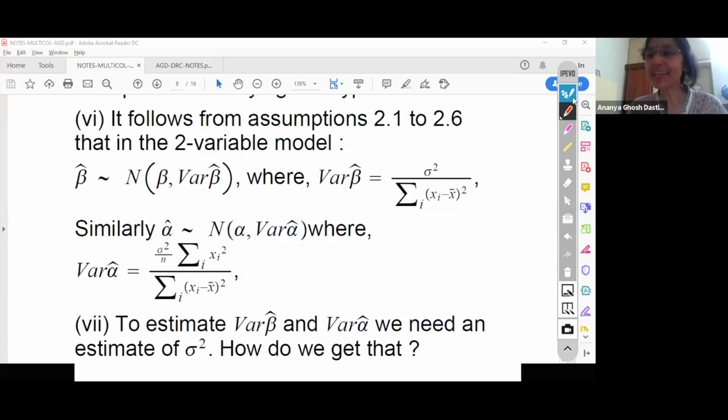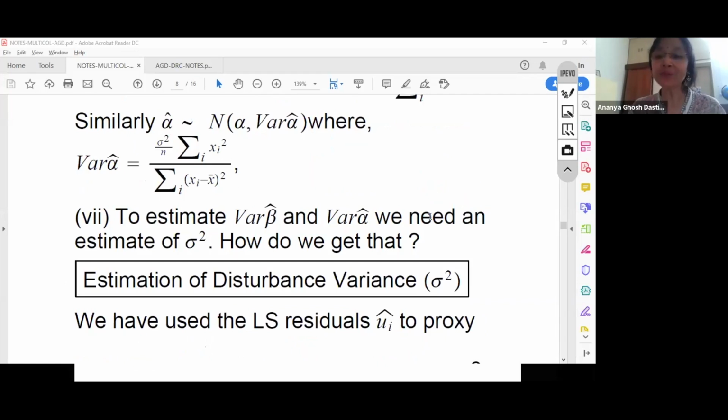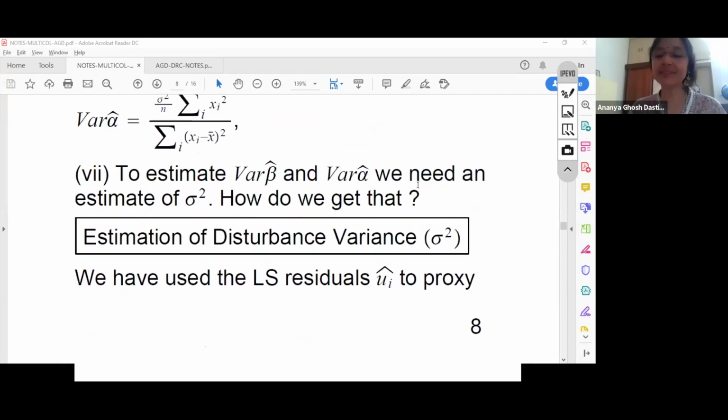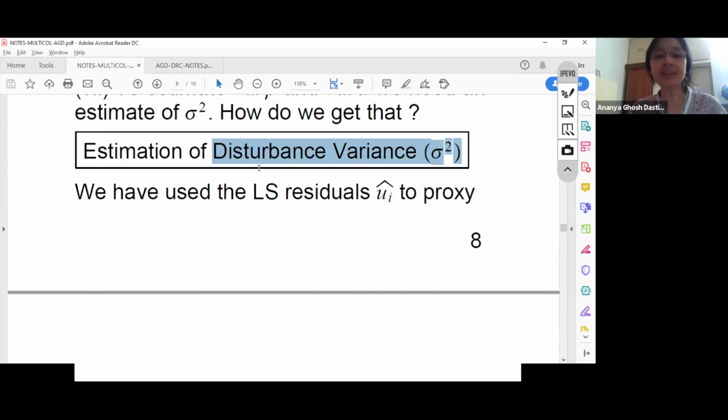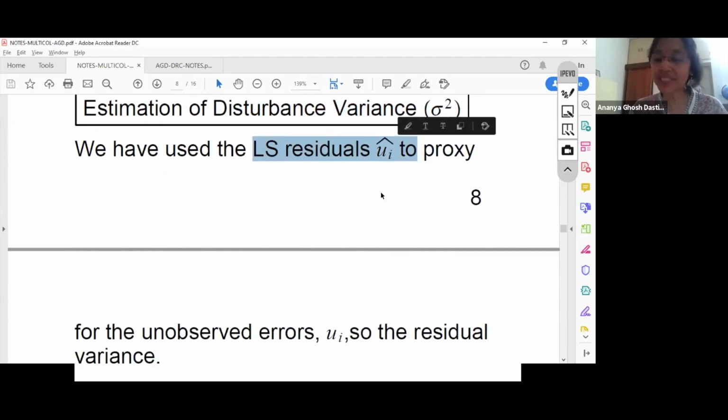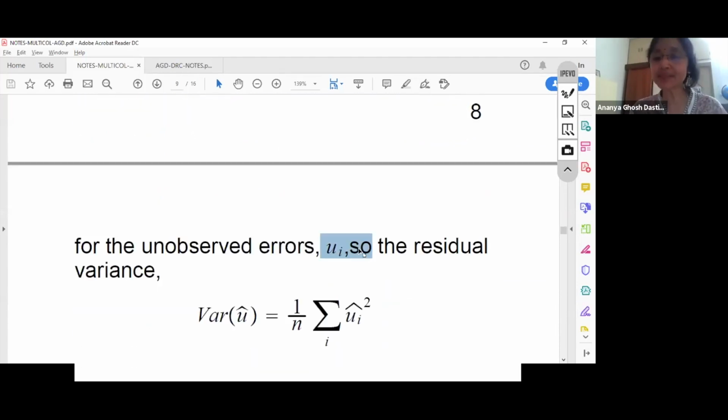So let us have a look at what is going on. Now, how do I estimate the disturbance variance sigma square? That is the next question, because without that we cannot estimate the variance of beta hat and the variance of alpha hat. Now, as you can see, we have used the least squares residuals to proxy the errors.